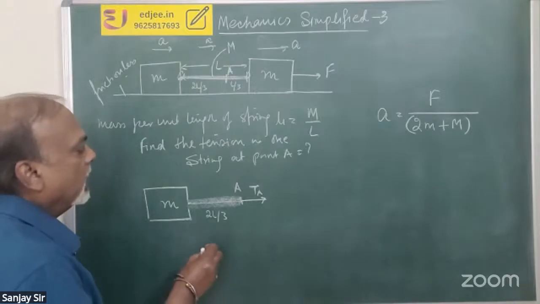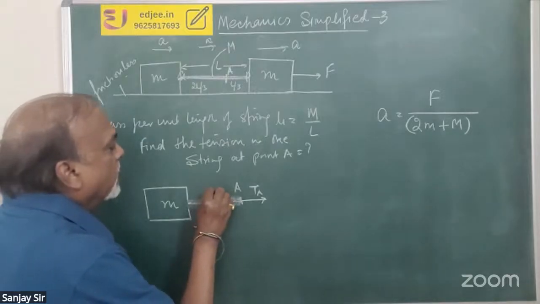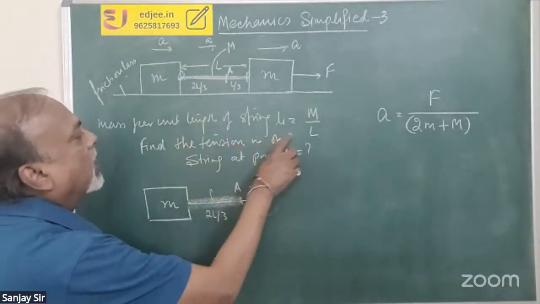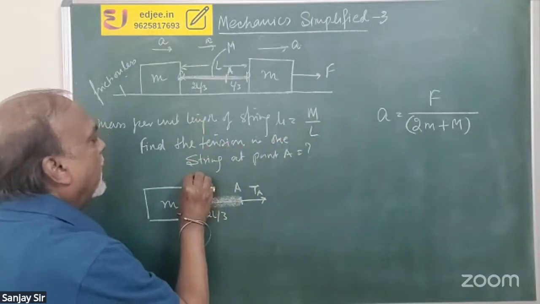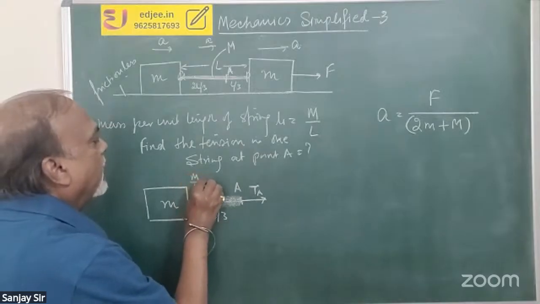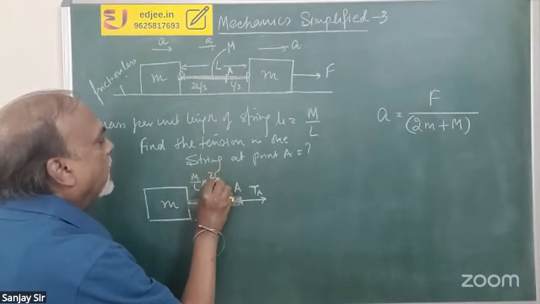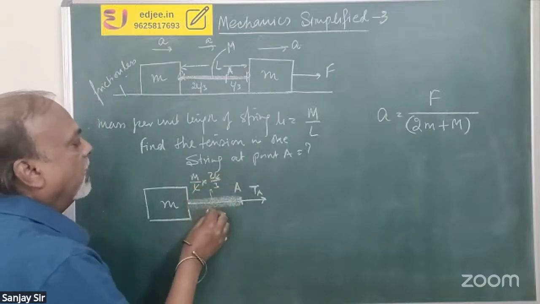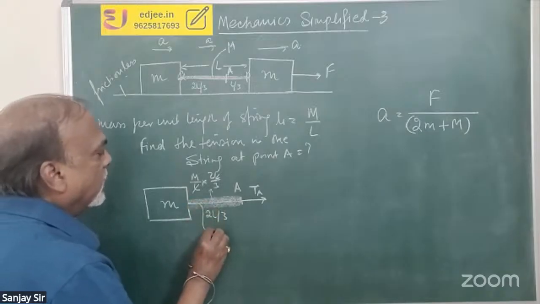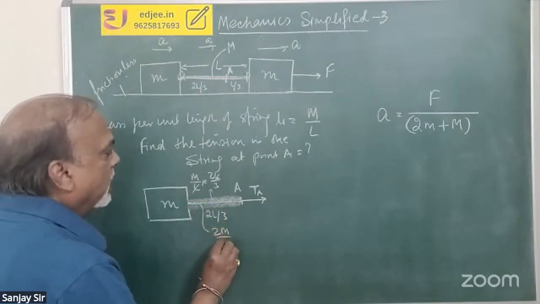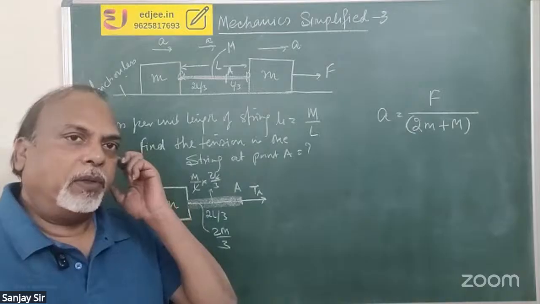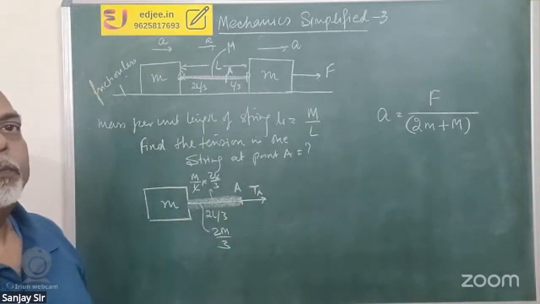What will be the mass of this string? We already know mass per unit length is M by L. So M by L into 2L by 3. That means its mass is 2M by 3. The remaining string length has mass M by 3.